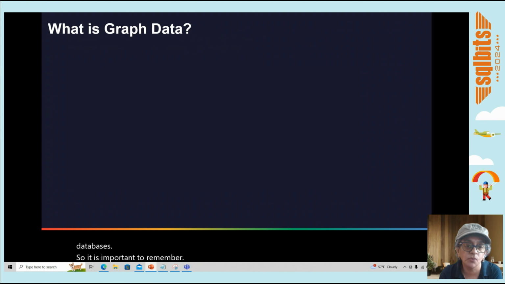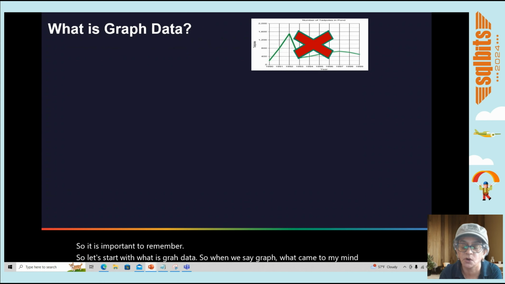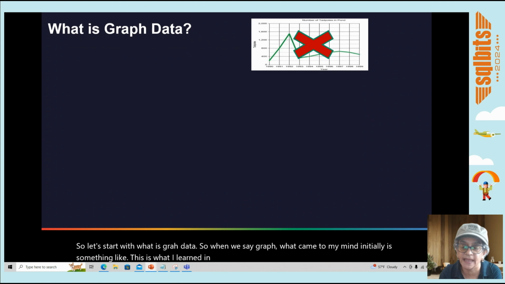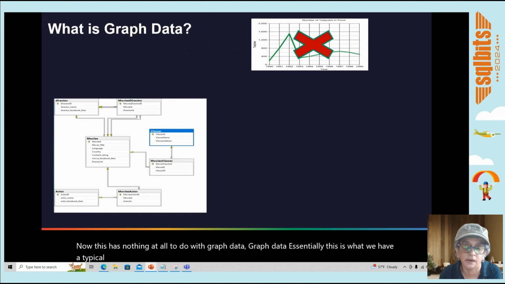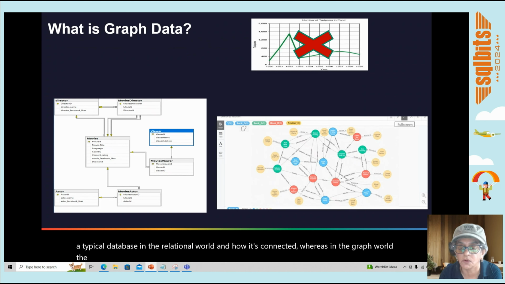So let's start with what is graph data. When we say graph, what came to my mind initially is something like this. This is what I learned in school, X and Y axis and plotting things on the graph. Now, this has nothing at all to do with graph data. Here we have a typical database in the relational world and how it's connected, whereas in the graph world, the database is likely to look more like that.